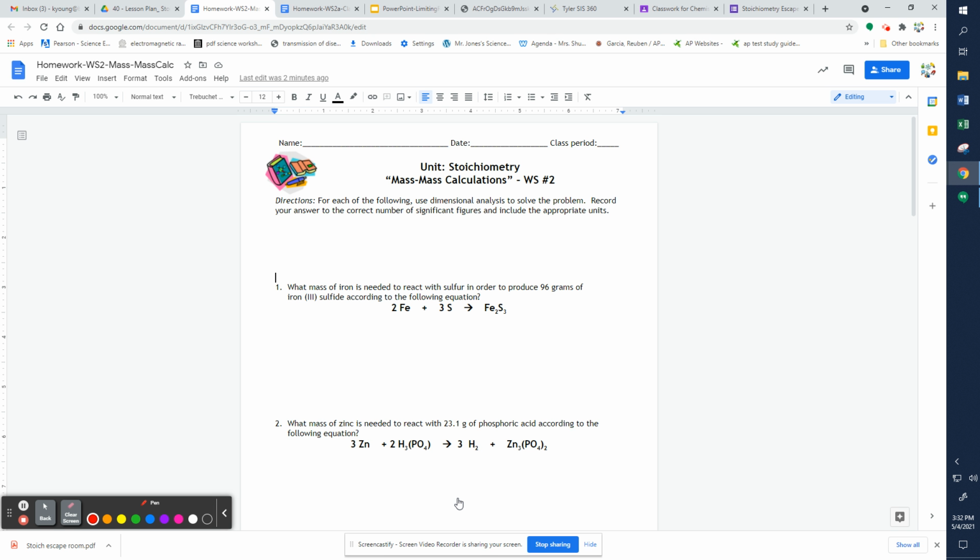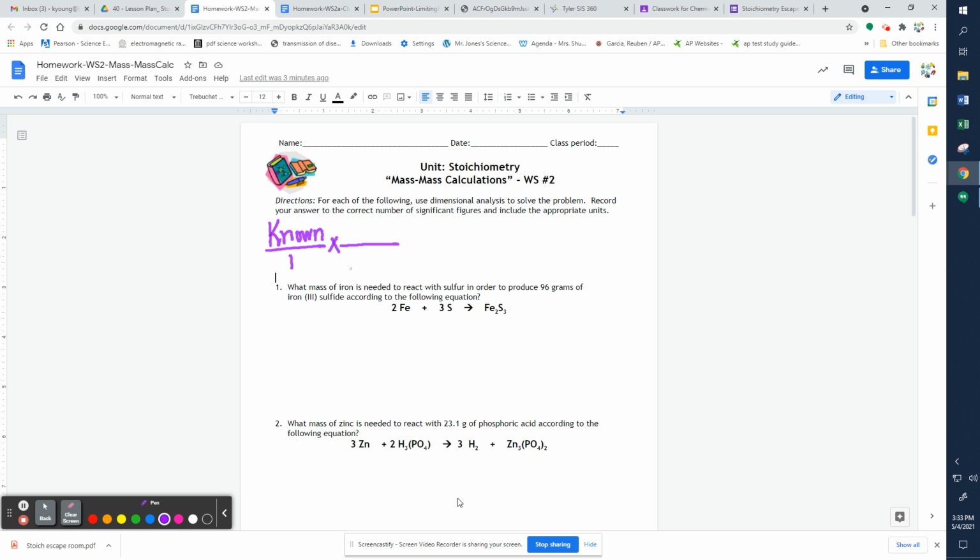So first I want to go through exactly how it's done and the equation set up for each of them. Every time you're going to do the exact same thing, where you start with your known and put it over 1.